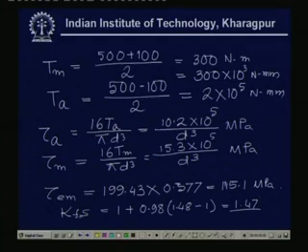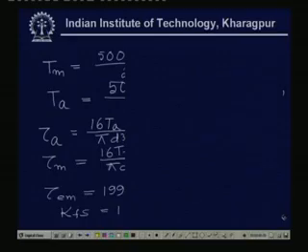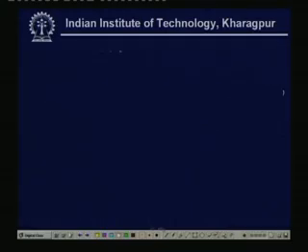Now what we do is take the concept of equivalent fatigue stress, as we have discussed, so that the equation can be written in this way.